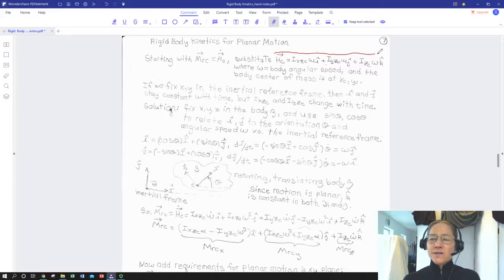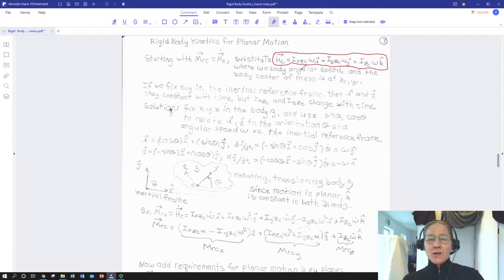Remember, it is those inertial terms, the polar moment of inertia, I sub z, in this case I sub z going through point C, and then those products of inertia, xz and yz. So if we take the time derivative of this term that I just circled, then we can relate that to the sum of the moments by Euler's second law.